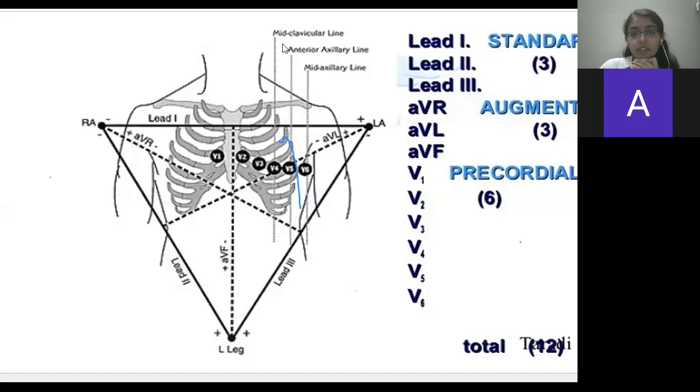The mid-clavicular line in the 5th intercostal space is where you put V4. Between V2 and V4, there is V3. And then V5 is on the anterior axillary line of the body, same 5th intercostal space. And then on the mid-axillary line, V6.